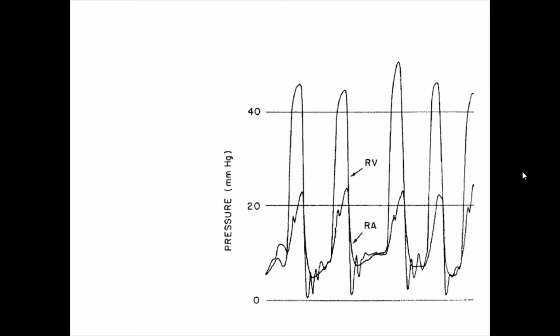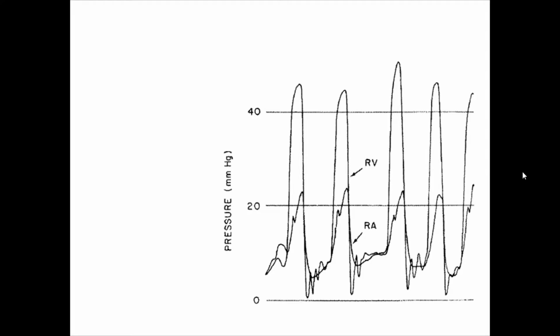There is a giant systolic V wave, which indicates severe tricuspid regurgitation. And there is high right atrial pressure, almost 20.